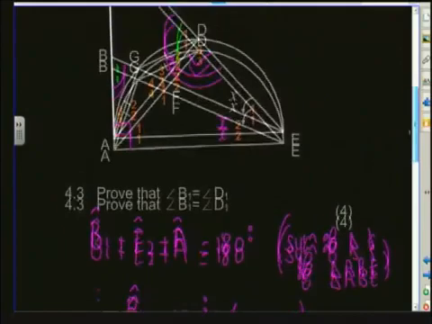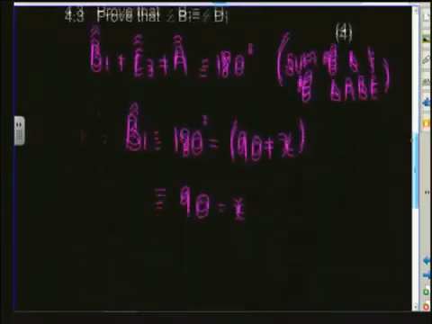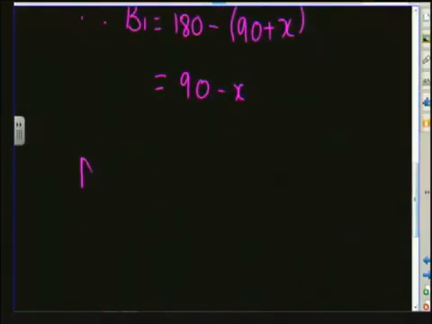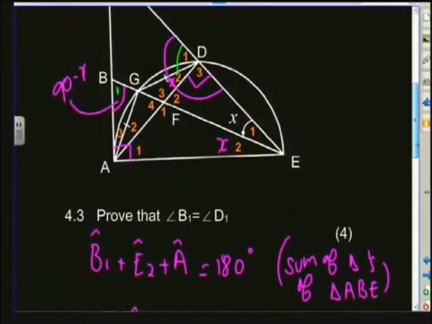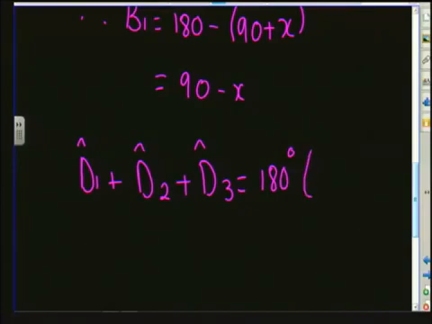Okay, so now that B1 is 90 minus x, we simply need to show that D1 is the same thing. So we can say here D1 plus angle D2 plus angle D3 is equal to 180 degrees, and the reason for that is sum of angles on a straight line.